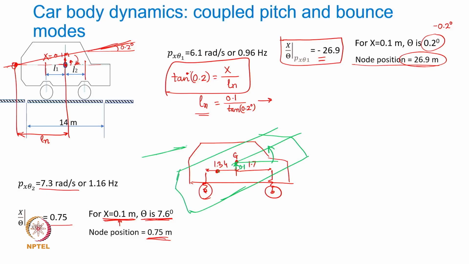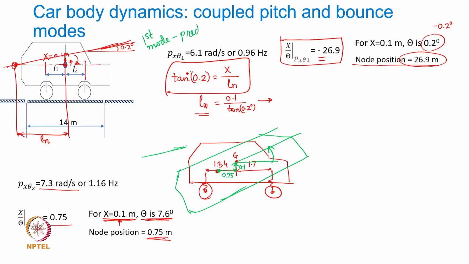That 7.6 degrees, with the node very close to the CG position, which is 0.75, is going to make the oscillations more predominantly pitching.